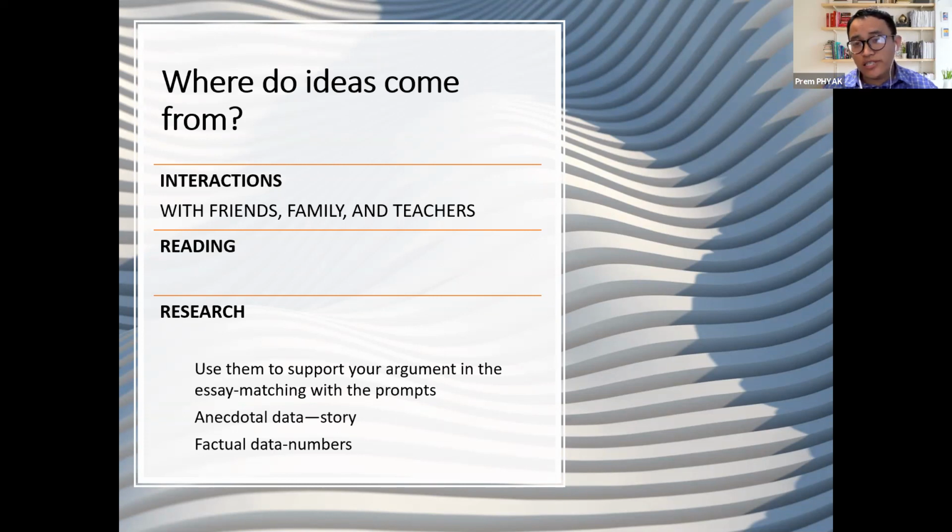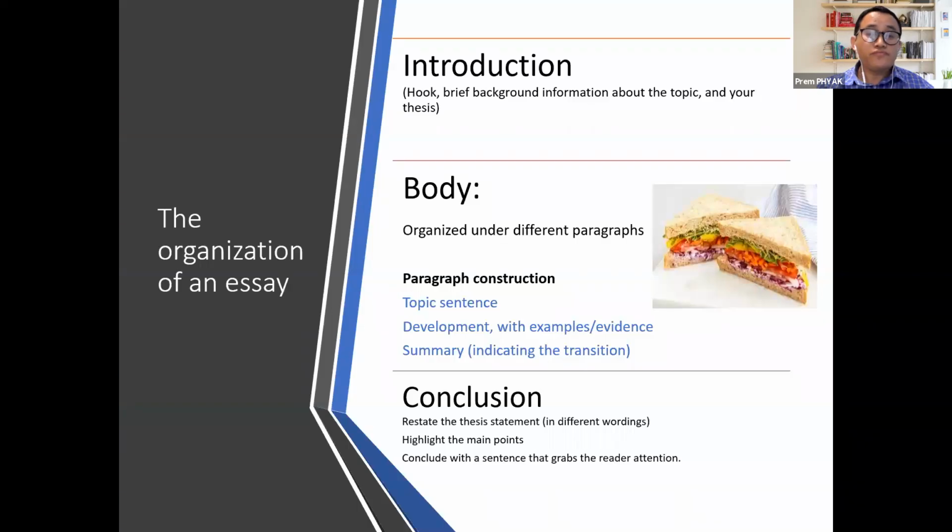And also factual data. Sometimes from your research, you can find some numbers and factual data to write about a topic. That could be really useful. So that's how you organize your ideas in the form of data. Once you have ideas, it will be easier to write an essay.